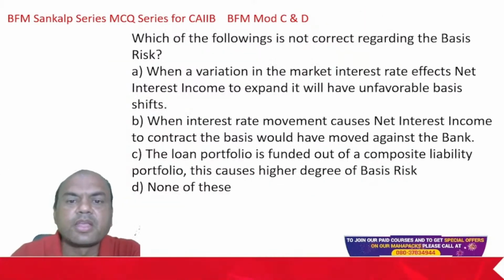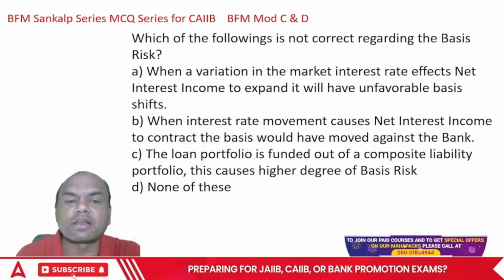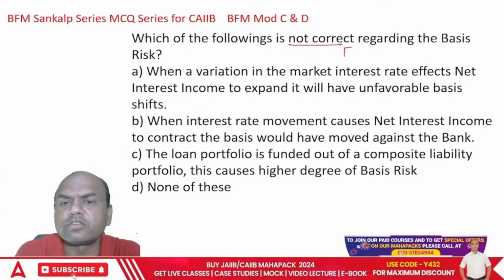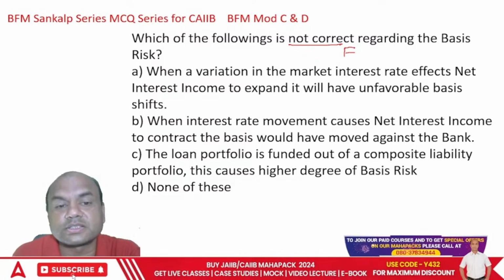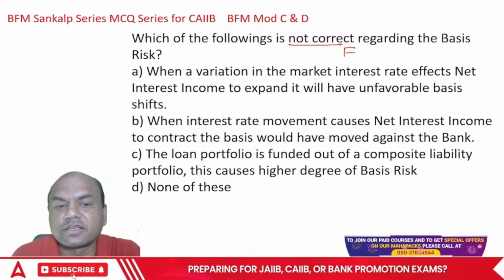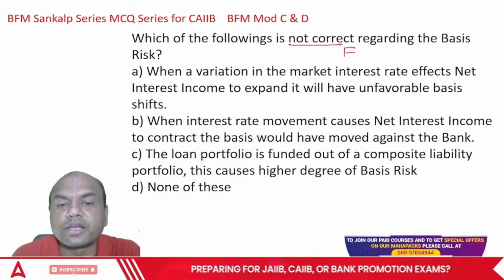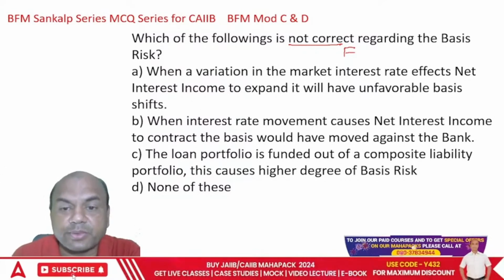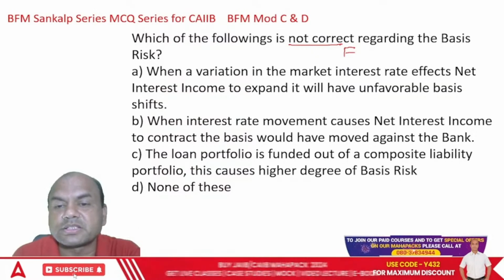Which of the following is not correct regarding the basis risk? Not. So again, we want what? False. Always immediately mark this. You want the false answer. When the variation in the market interest rate affects net interest income to expand it, it will be unfavorable basis shift.